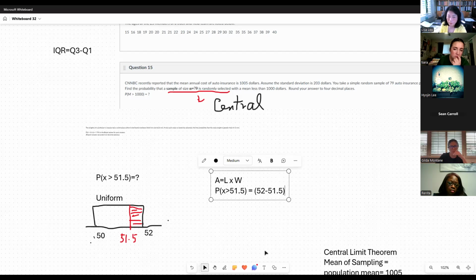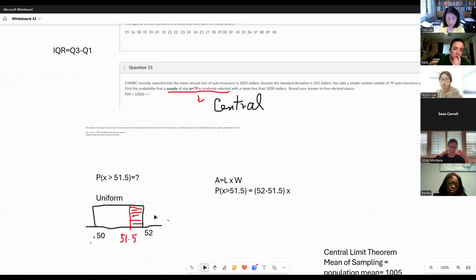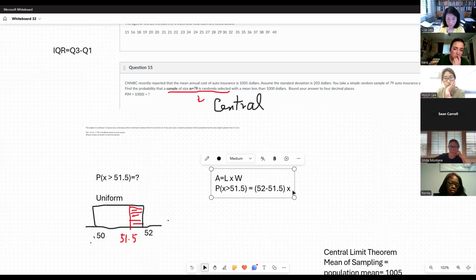That's the bottom part of this base. Then you just multiply the height of the rectangle. And the height of the rectangle is, you have to assume what? Total area as 100%, right?